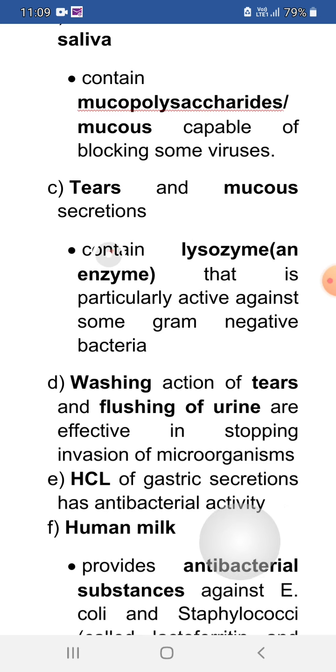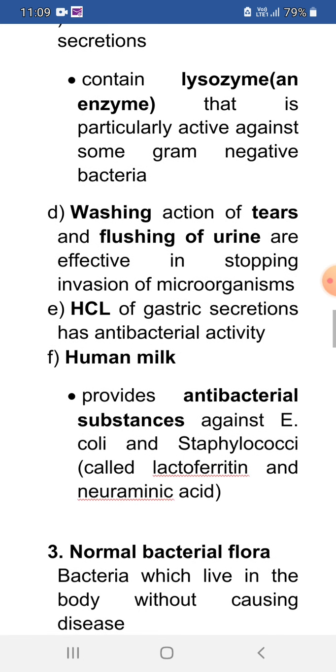Tears contain the enzyme lysozyme, which also kills bacteria, mainly gram-negative bacteria. Then we have urine and tears. Tears wash the inside of the eyes. Urine flushes out microorganisms which could climb the urinary tract.